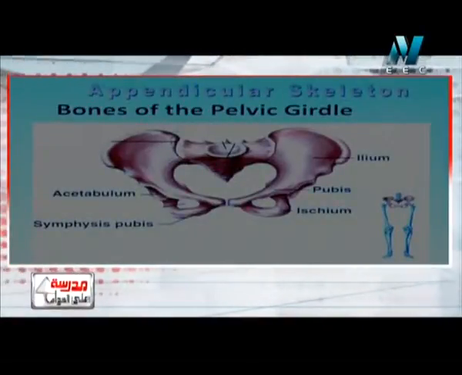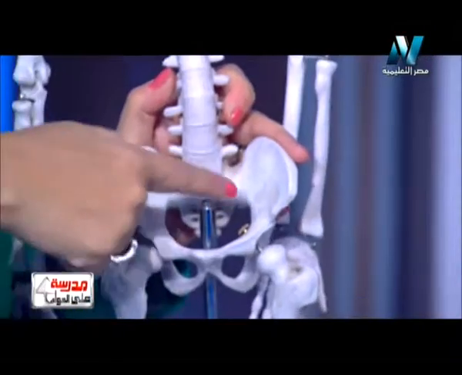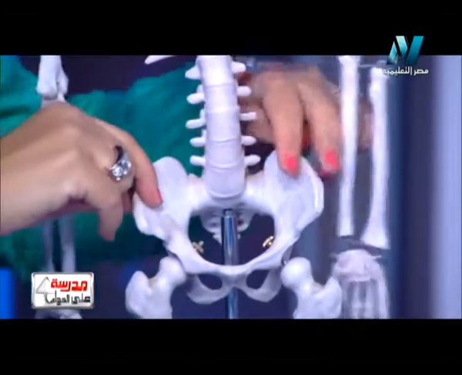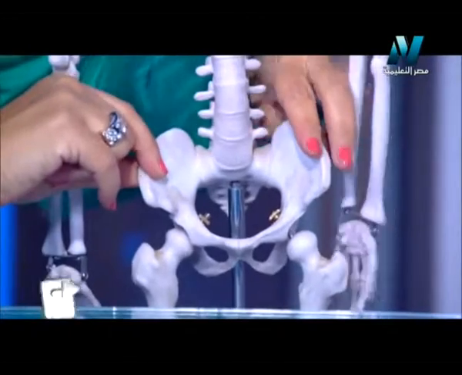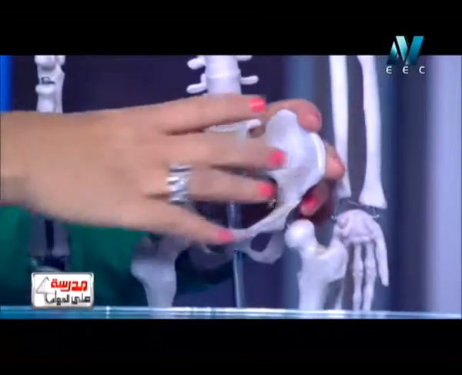Bones of the pelvic girdle. Here we are talking about the pelvic girdle. If you look here, this is the pelvic girdle, or the hip bone. Also we have 2 halves, the right side and the left side.